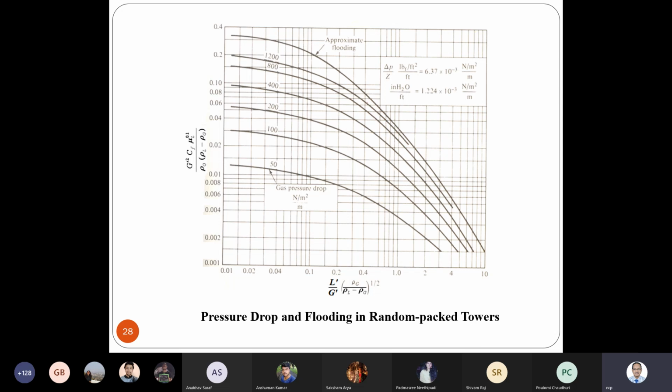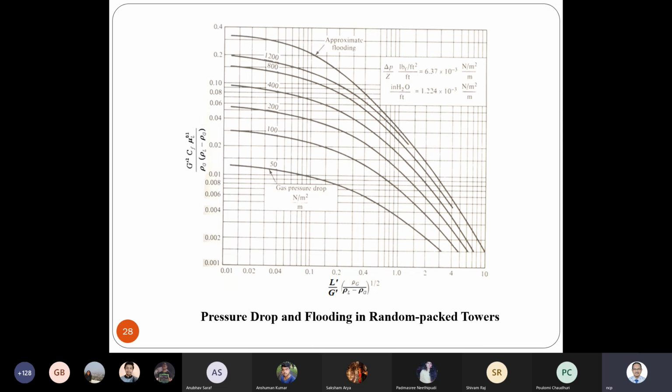CF is the packing factor that is generally available in the form of correlations or in the form of tables. So for different types of packings, that will be different, even for the packing size. Suppose you are using 1 inch Raschig ring, we'll get one value of CF. We'll get another for 1.5 inch Raschig ring, or 1.5 inch Pall ring, right?